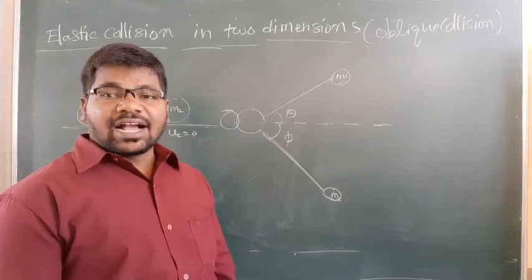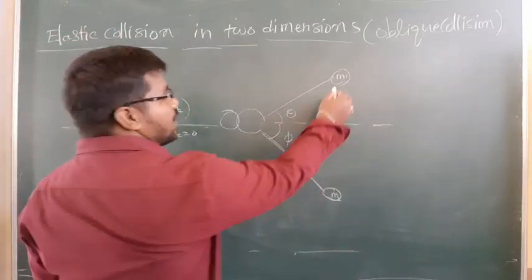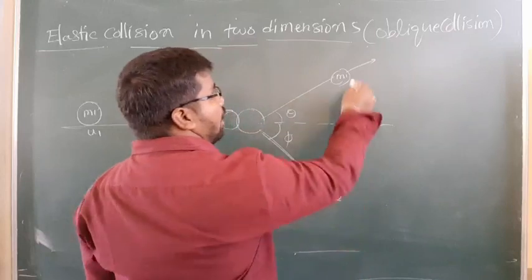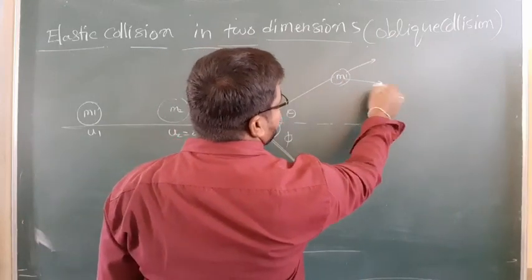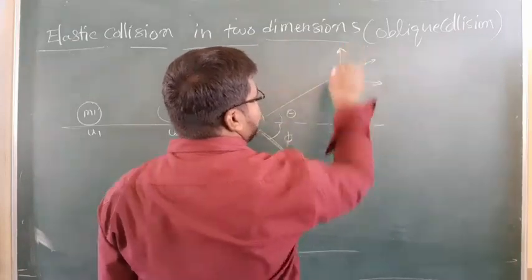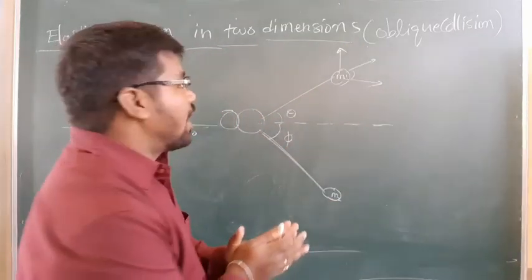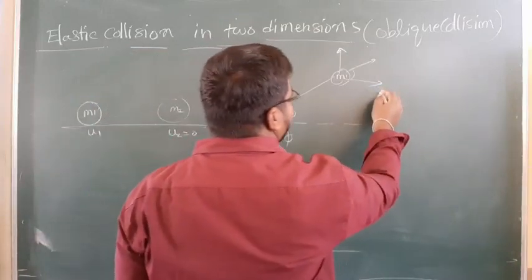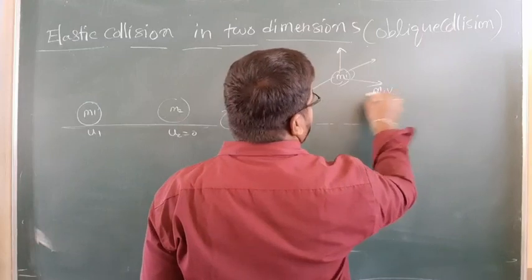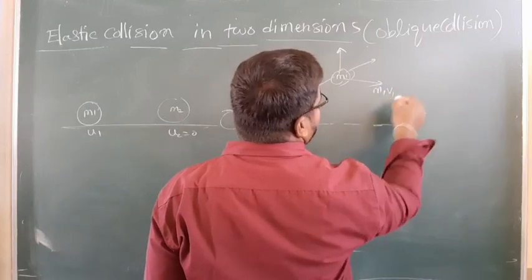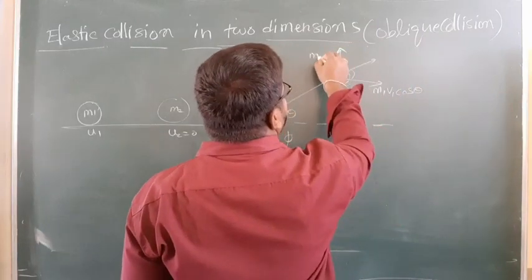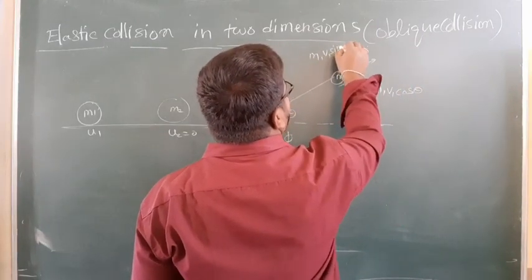According to vector notation, consider a point. We can split the momentum of the first body into horizontal and vertical components along the x-axis and y-axis. The components are m1 v1 cos theta and m1 v1 sin theta.